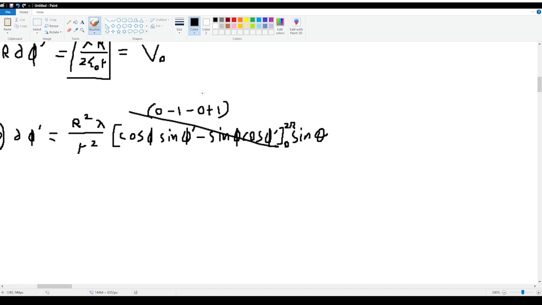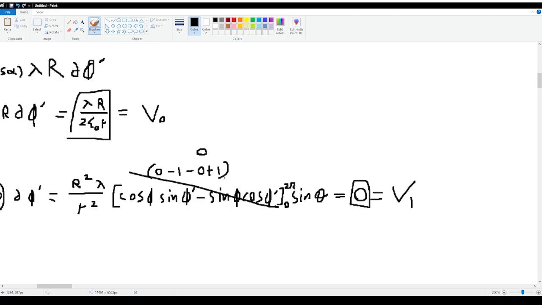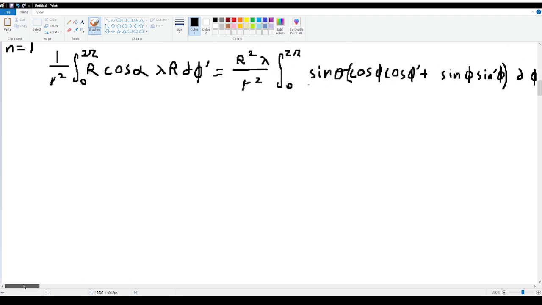So this is actually all going to cancel and go to 0, which means that this term is just 0. So our second term is just 0.